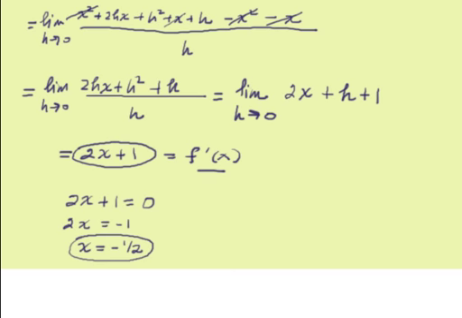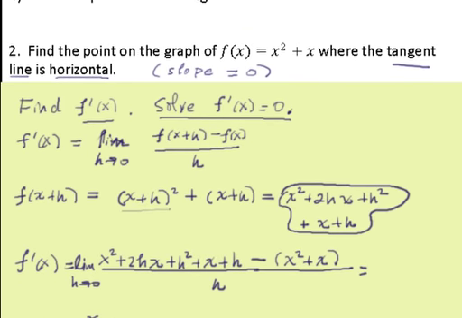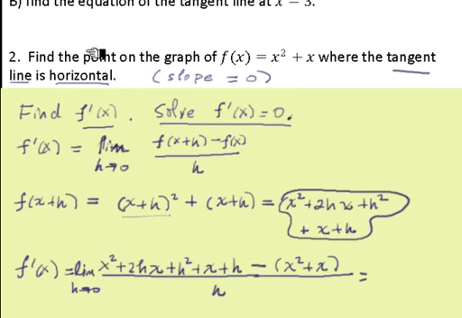Now, in the original question, it asks for the point. So in order to find the point, we need the x value and the y value. We get the y value from the original. We'll just substitute into the original, because after all, we're talking about a point on the curve. So just substitute into here, and we'll get the y value.